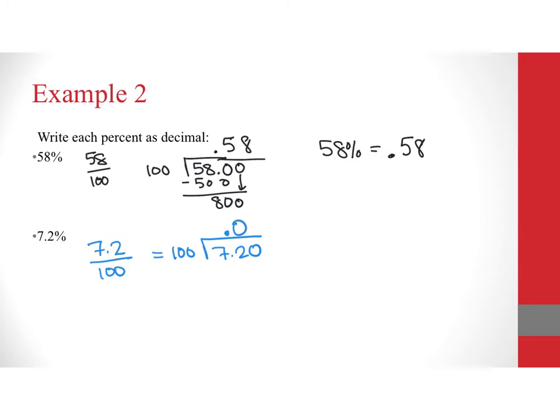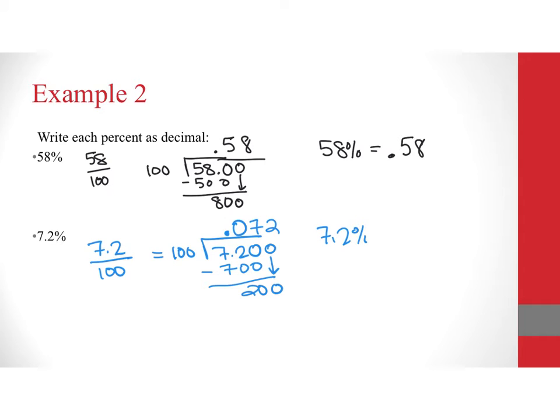And if I put in a 0 down here, now I have 100 goes into 720. Well, that's going to be 7 times, which gives me 700. I subtract, and I end up with a remainder of 20. So I'm going to write another 0 up here, bring that down, and 100 goes into 200 2 times. So I end up with 0.072.